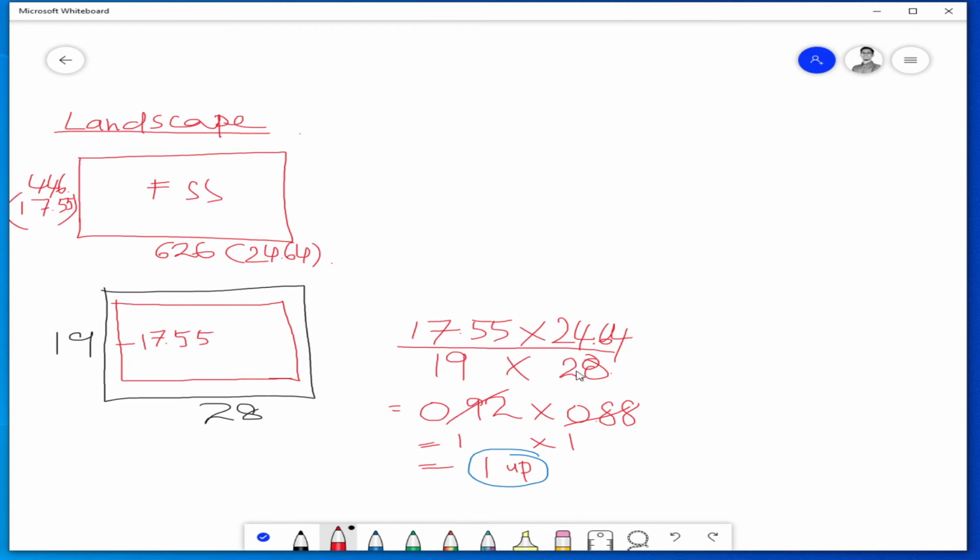Okay. This is 28, but this is 24. So if you have smaller job, if you are using this way, kalau awak ada smaller job, then awak kena ikut dia. Kira.